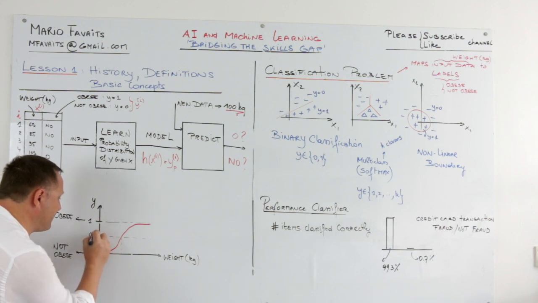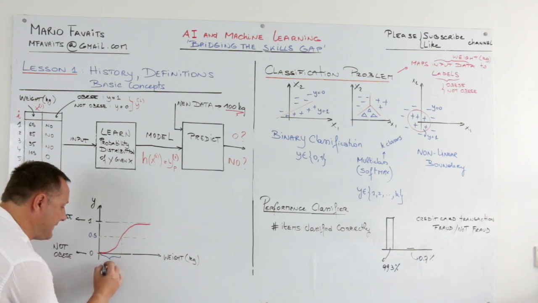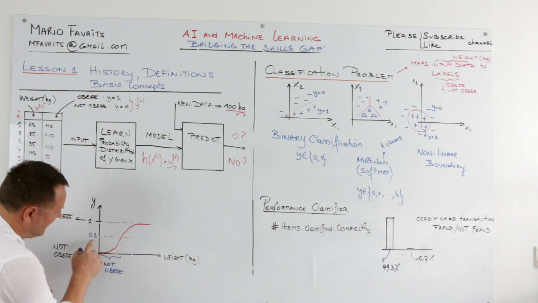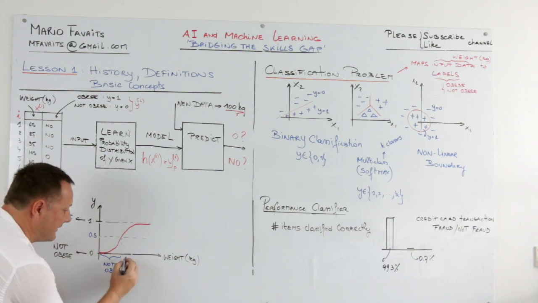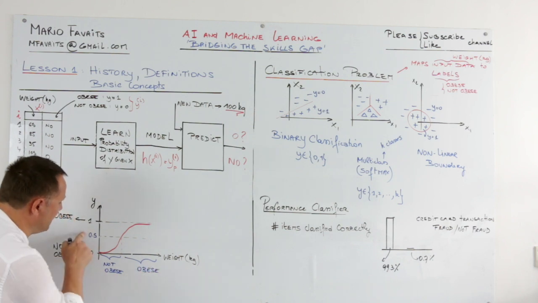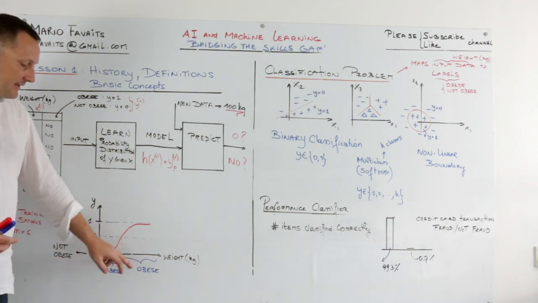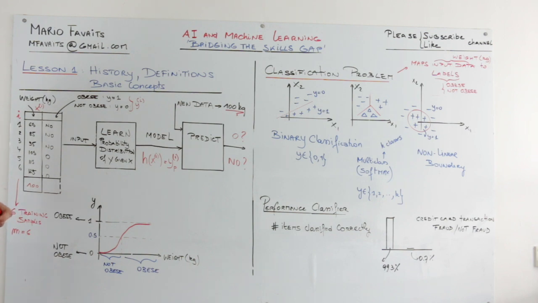And this is 0.5. So the people here will be classified as not obese, because they fall between 0 and 0.5, and the people here will be obese, because they are between 0.5 and 1. For example, if you have a score of 0.74, the person will be classified as obese.